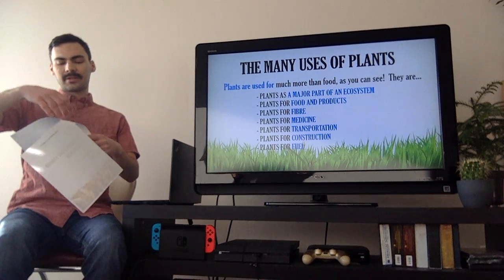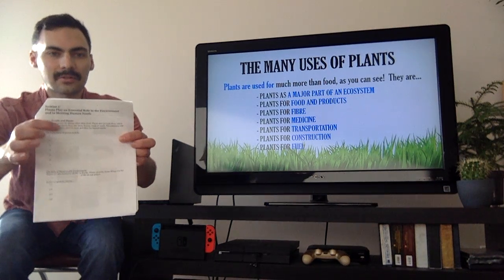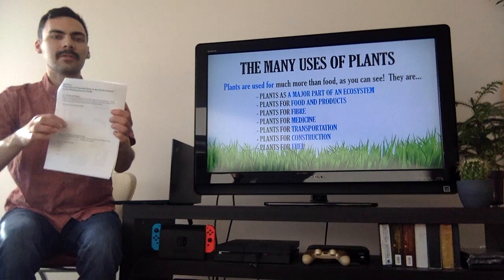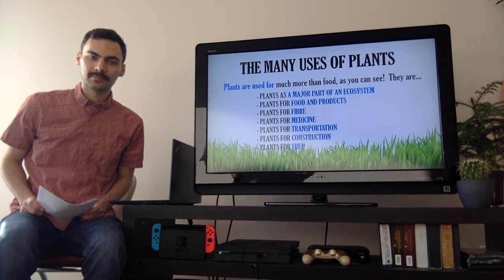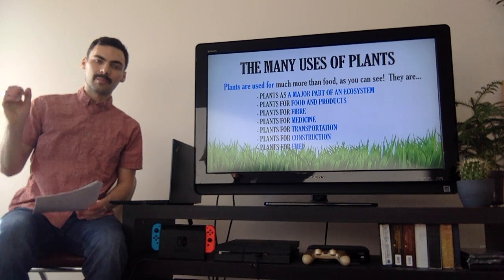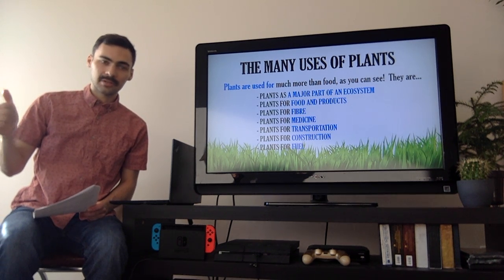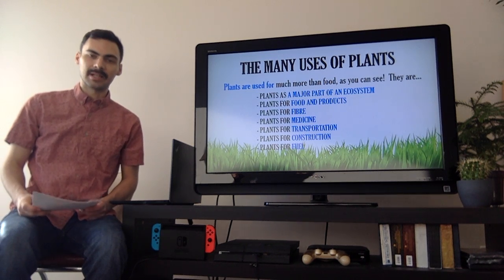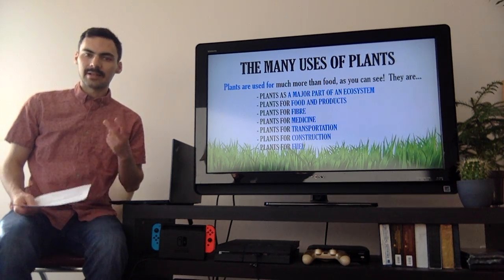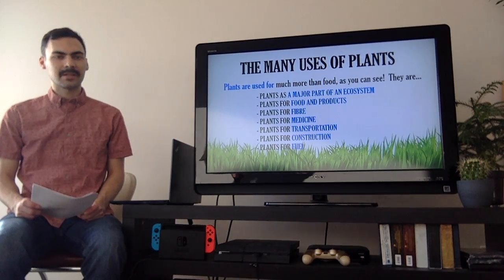This is your first section right here, in which you're going to need to fill it out. Here are 7 different things that we use plants for. Plants are a major part of our ecosystem. We learned about this all last unit. We also use plants for food. Now these 2 things are probably the first 2 things that you would think about.